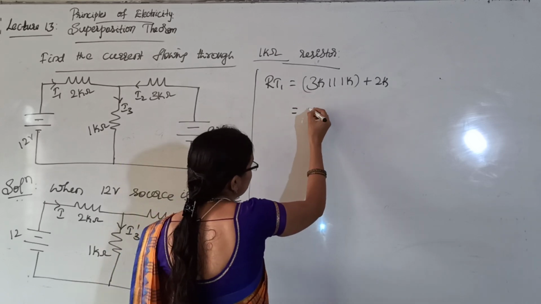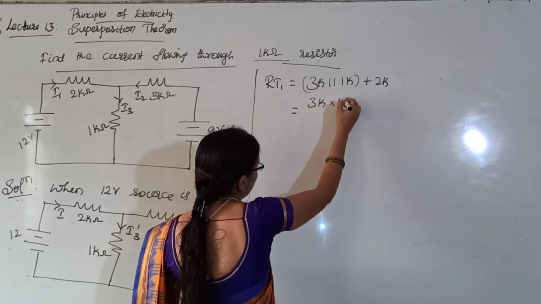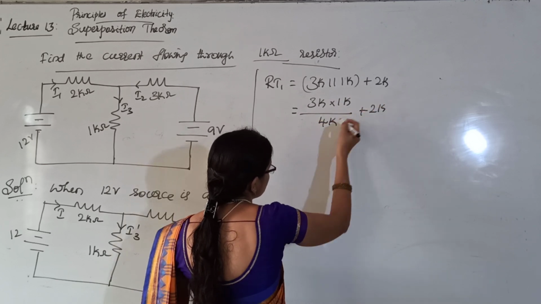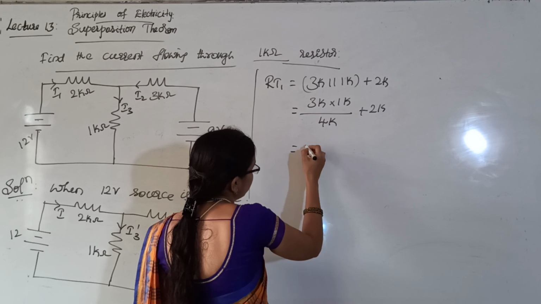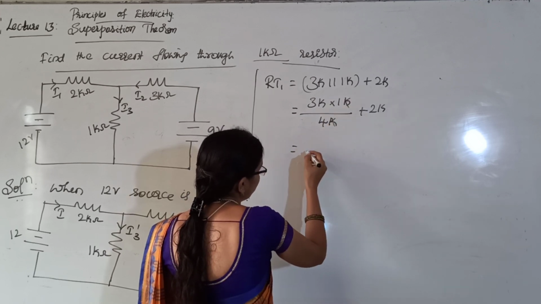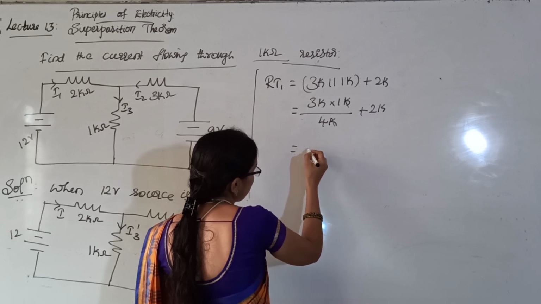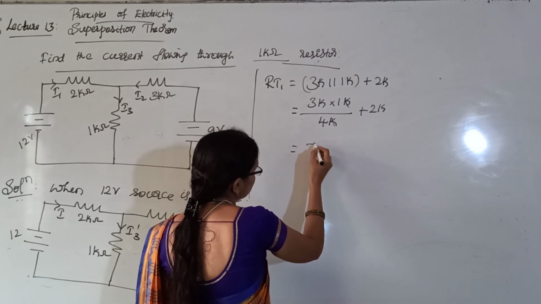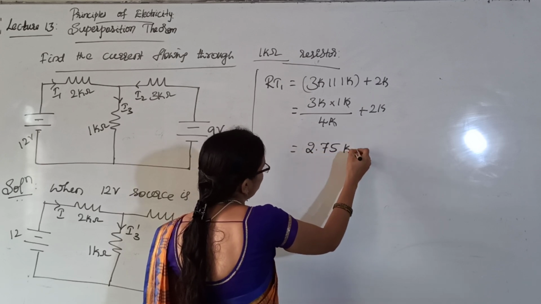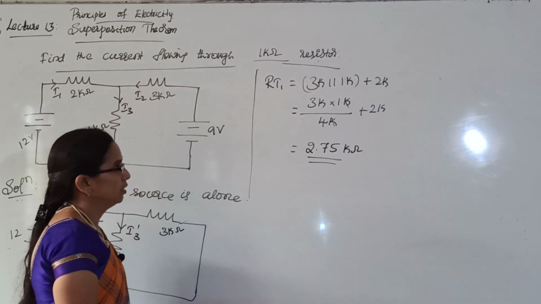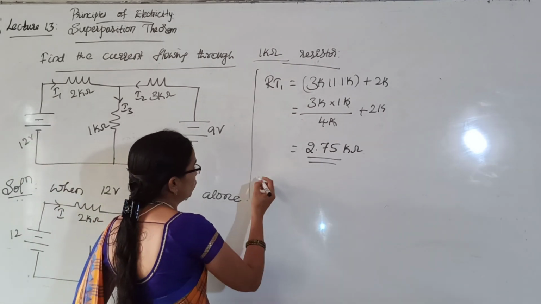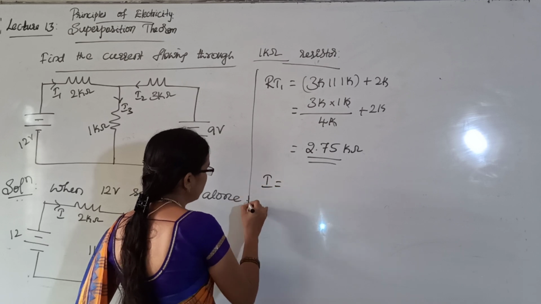Calculate it, you will get 3 kilo into 1 kilo divided by 4 kilo, plus 2 kilo. It is 3 by 4, that means 0.75 plus 2, that is 2.75 kilo ohm will be the total resistance.